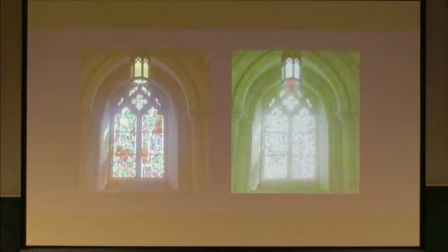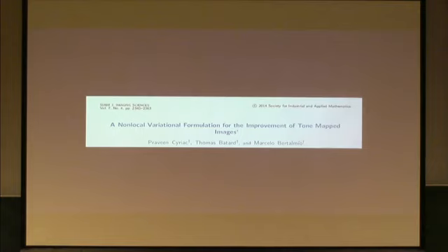So this is the one result, and this is the error measured with this metric, and all the colors, green, red, and a little blue, indicate error, and gray indicates no error. So this is the output of the first stage of our method, and this is the output of the second stage with the local contrast enhancement. You can see that from here to here we reduce the error a lot.